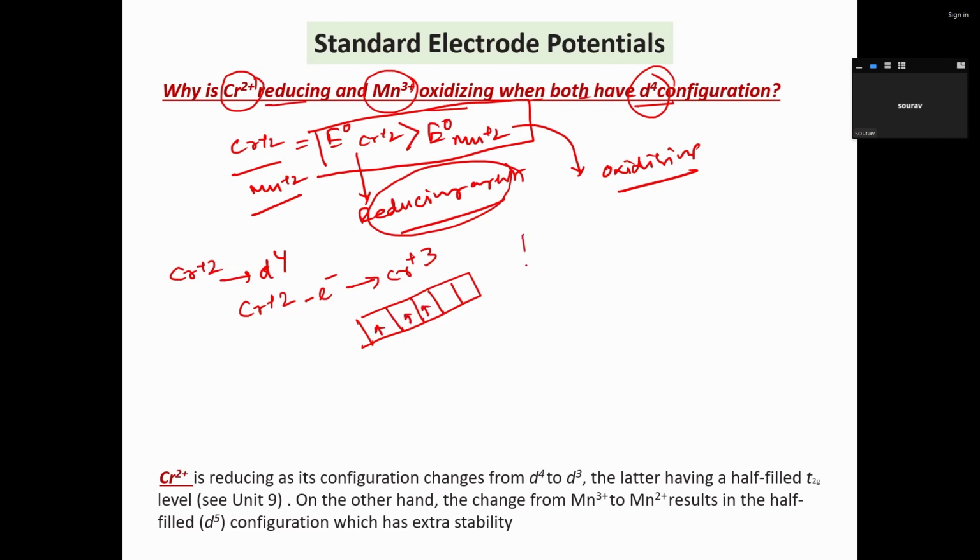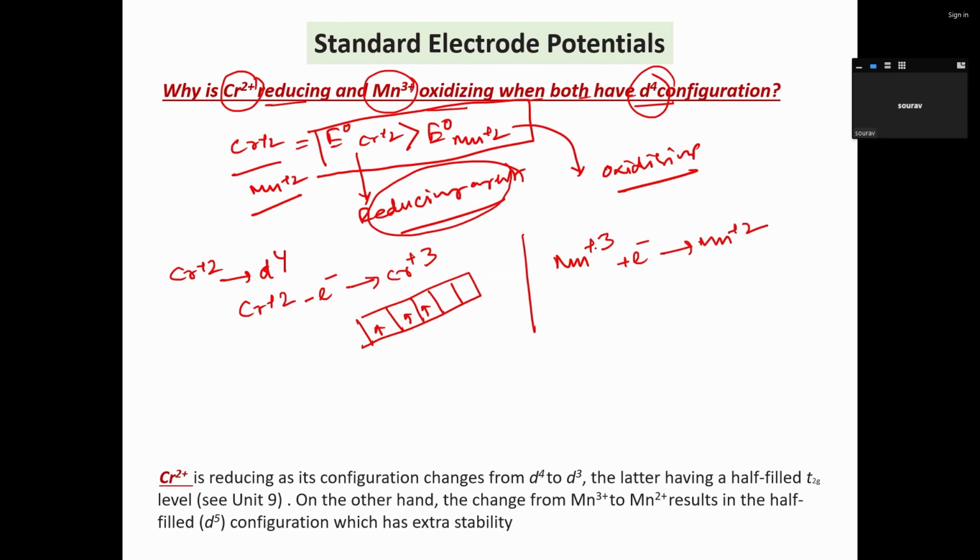Okay. Now, talking about this Mn plus 3, it is oxidizing another. When it is oxidizing another body, then it will itself be reduced. So it will take one electron, and then it forms this Mn plus 2.